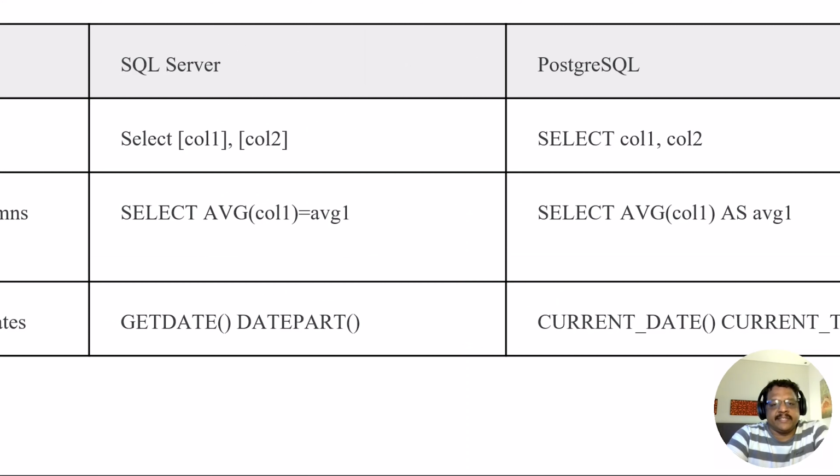SQL Server and PostgreSQL both use standard SQL query language, but it's also important that each has its own version of the SQL language, a SQL dialect. So maybe people in one state speak the same language with different dialects, right?